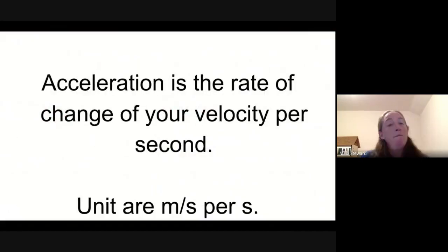But we don't usually go at the exact same speed all the time, right? We usually accelerate. We get faster. And so if you were to figure out the equation for acceleration, it is your change in velocity. It's how fast you are changing your speed in the same direction.